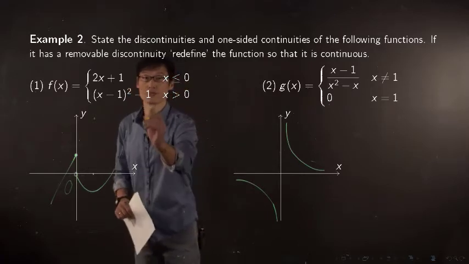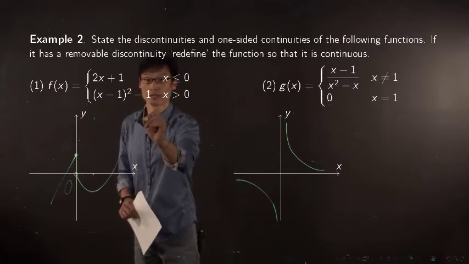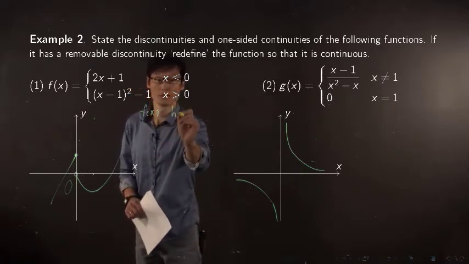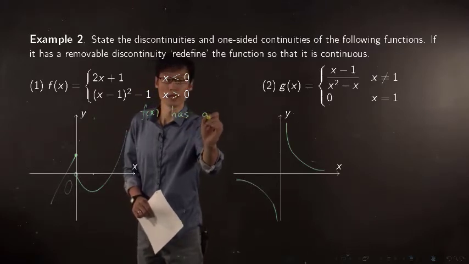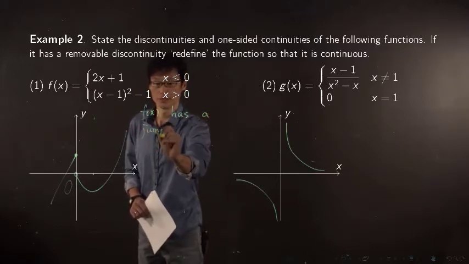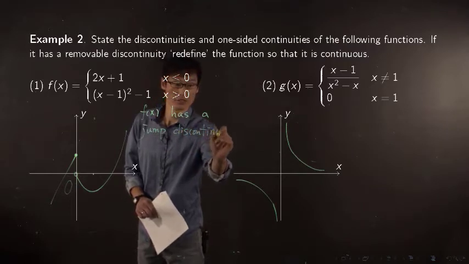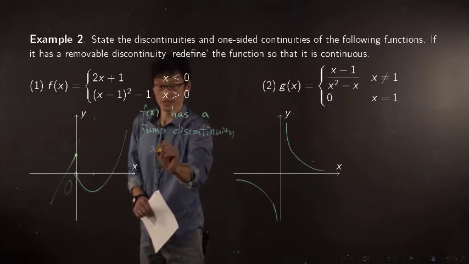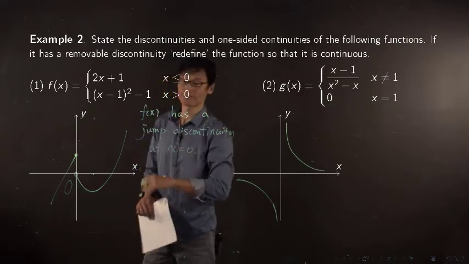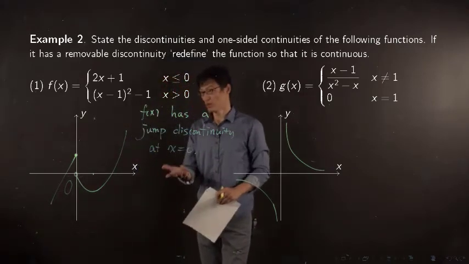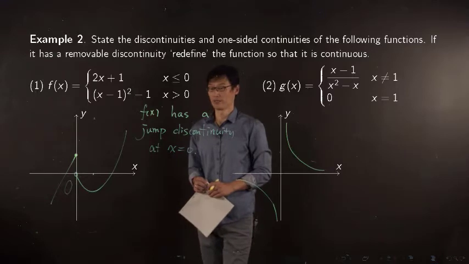So this function has a jump discontinuity at x equals 0. What about one-sided continuity?